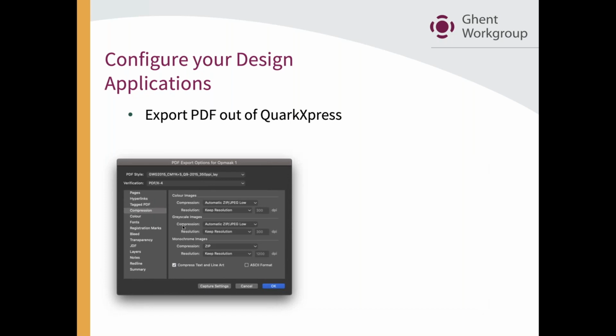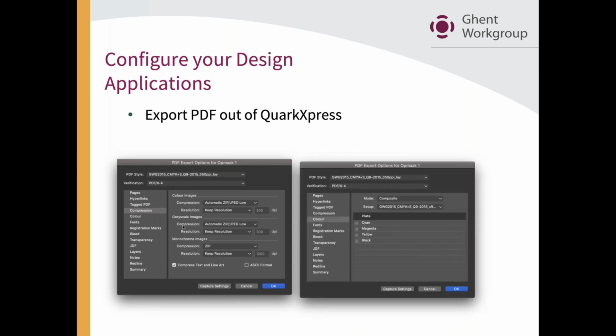Compression settings, the downsampling: we keep the resolution as it is. We don't do any downsampling. If you have problems with that, you can, but most systems are fast enough and powerful enough today to reproduce that. You see also Composite: we are not creating a separate file for each color.